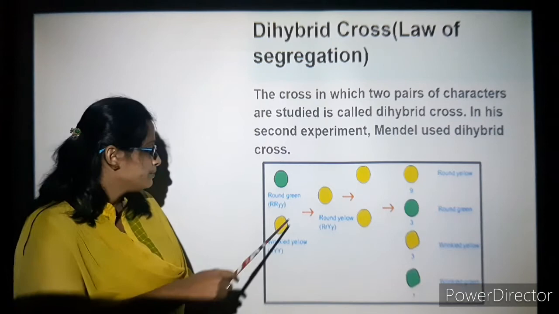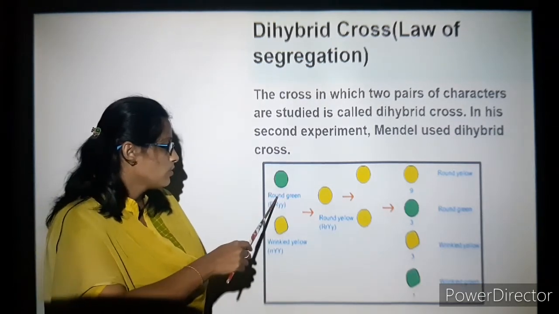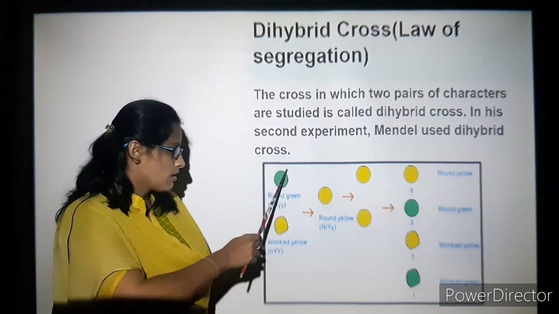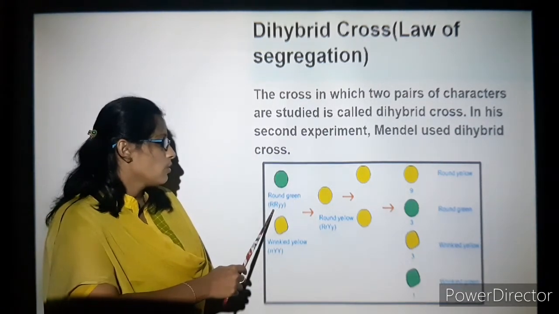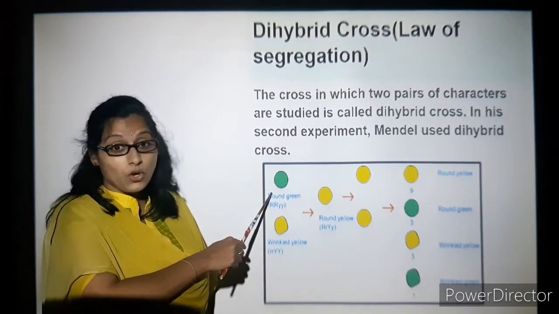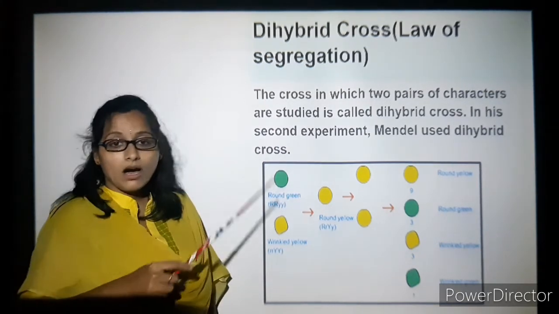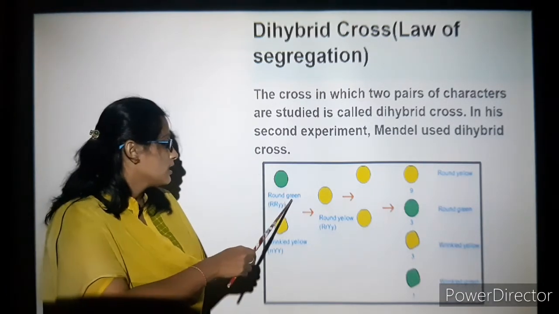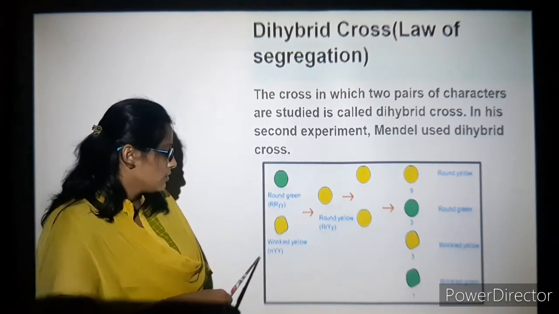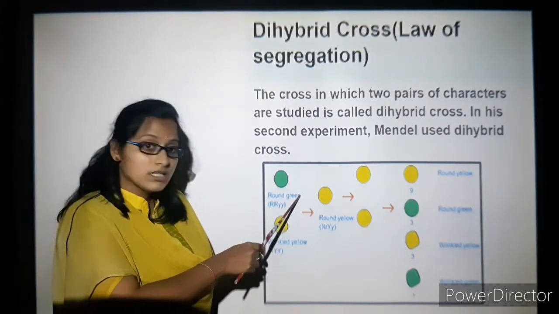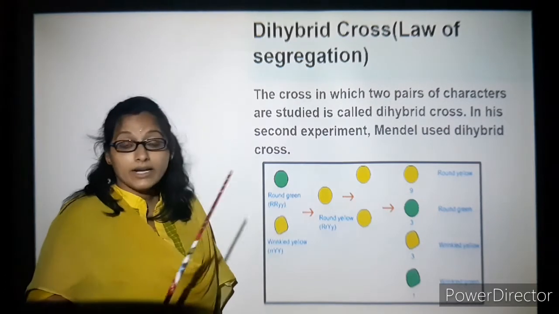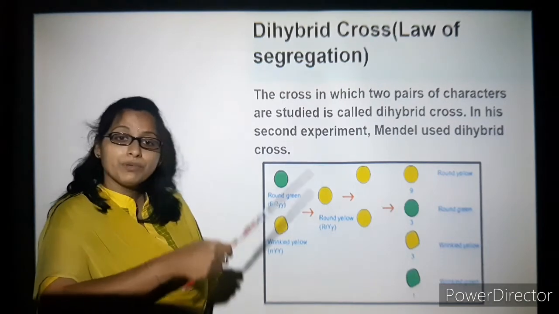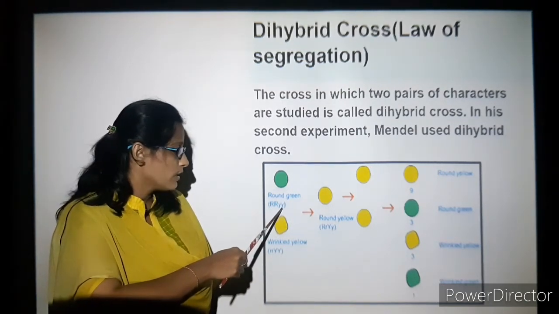Here we will see round, green. These are two characteristics. So this is round, green in color. You will write here round is dominant, so you will write it as RR, capital R and capital R, and green. What will you write here for green? Green is recessive. But here you will not write it as G. Whatever you have written for dominant, the opposite of the dominant letter you will write here.